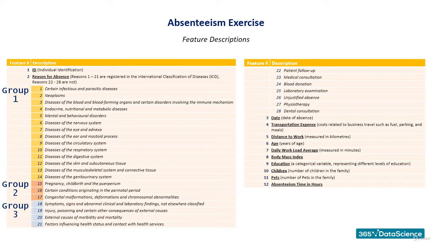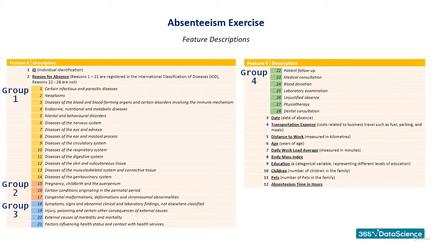Group 3 would include reasons 18, 19, 20, and 21, as they are all about poisoning or signs not elsewhere categorized. The fourth group represents so-called light reasons for absence, such as a dental appointment, physiotherapy, a medical consultation, and others. Okay, this is how we are going to classify these columns.